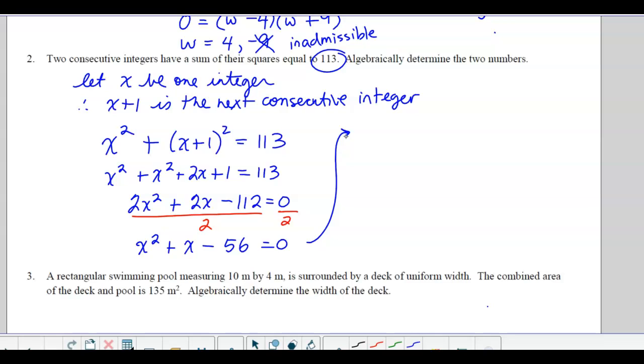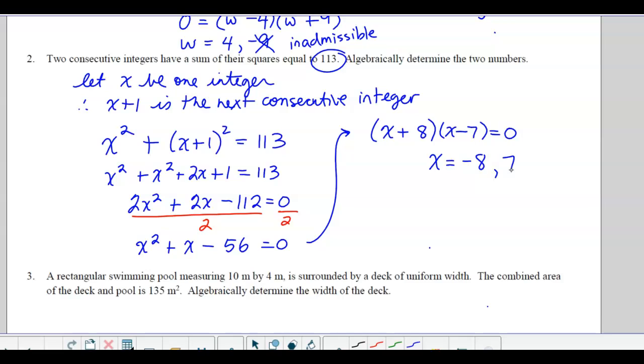So we need two numbers that multiply to -56 and add to 1. Solving that, you get -8 and +7.